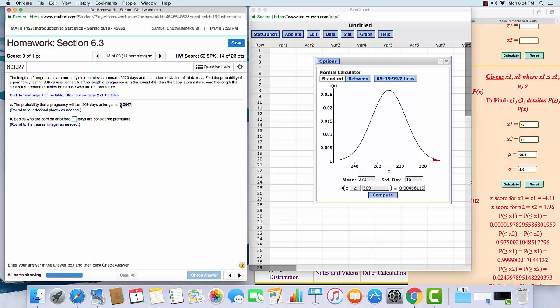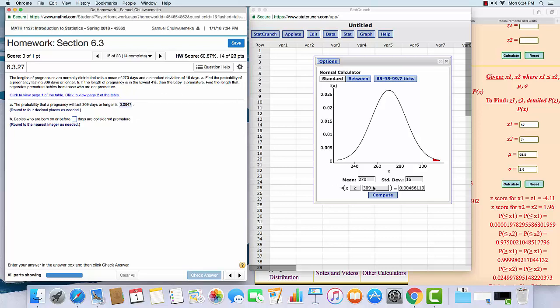B. Babies who are born on or before a certain number of days are considered premature. If the length of pregnancy is in the lowest 4%, then the baby is premature. Find the length that separates premature babies from those who are not premature. Okay, lowest 4%.